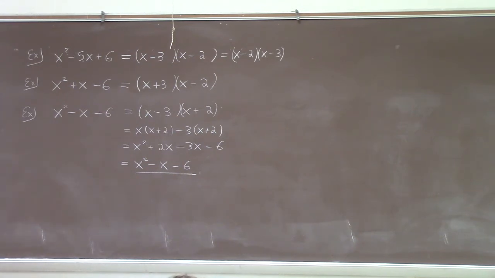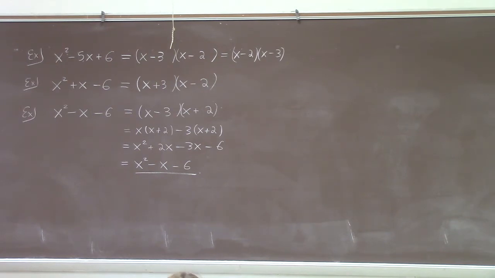What I'm trying to say is, you don't have to write that out, but you should actually think through it. You can think through it with your FOIL method if you want. It's also fine. But the ultimate judge of any factoring is when we multiply it back out, does it work?